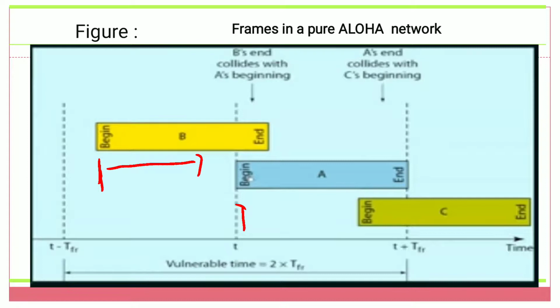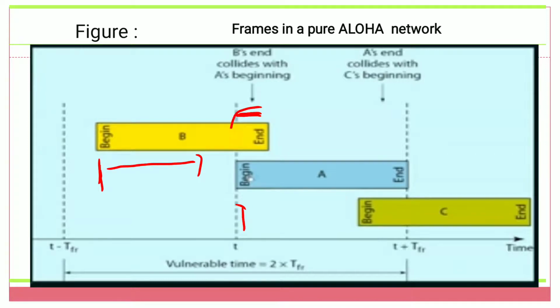The last bit of B is ending, it is in the final stage of transmitting the data successfully, but at the end of B, station A starts transmitting.